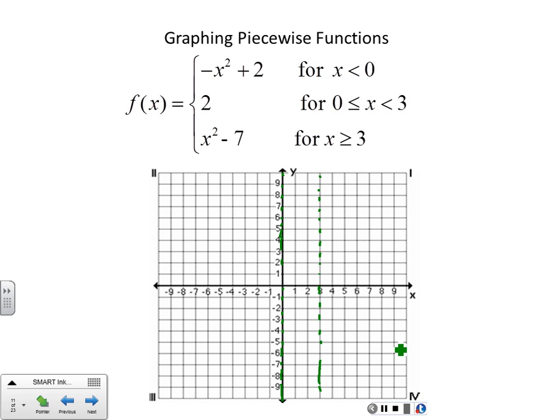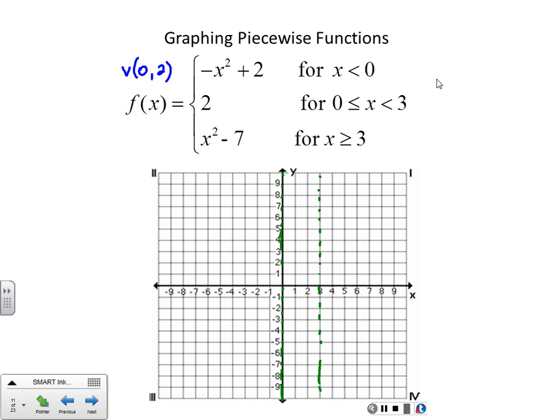So, that first graph, I know that it's a parabola. How do I know that that's a parabola? Because of this squared term. And I know that the vertex for this parabola is where? We just talked about this. The vertex for this parabola is going to be 0, 2.